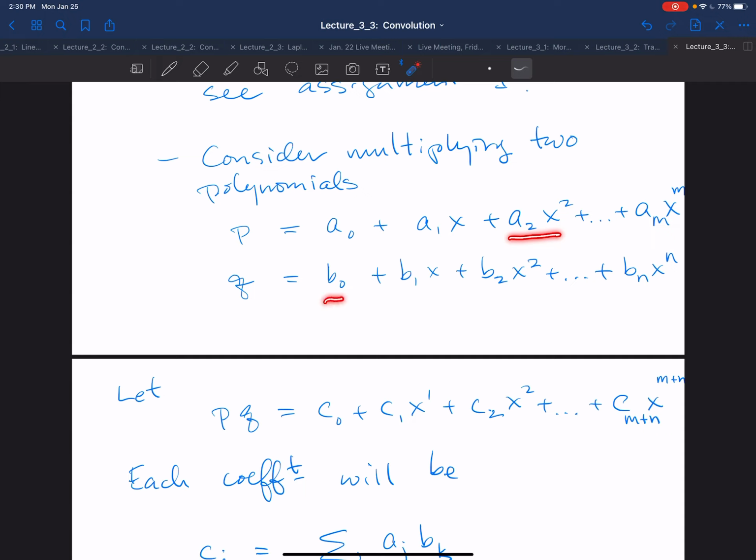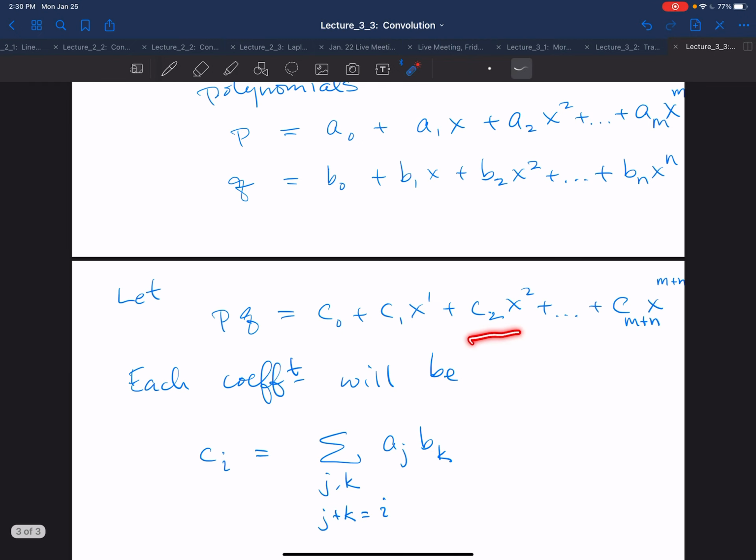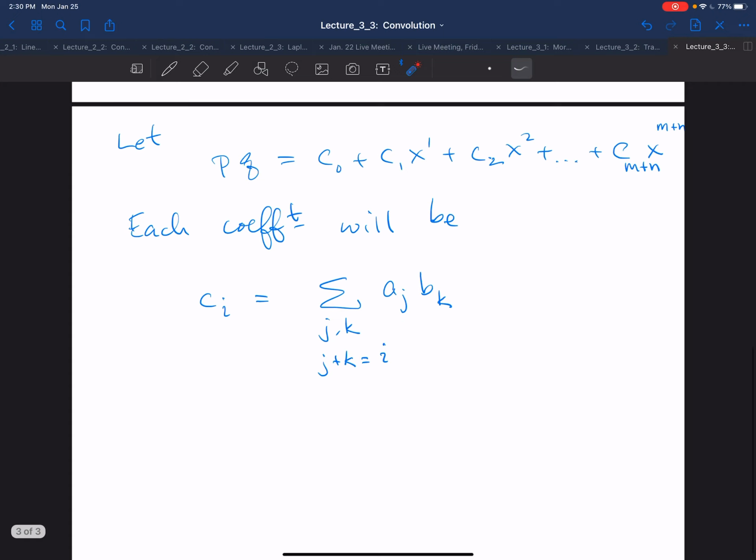And likewise, we'll wish to take the product of a2 and b0, because those are the coefficients of terms whose powers add up to 2. We just take the set of all products of coefficients whose terms add up to powers of 2, and that will give us the coefficient C2 of the product. So that is what this sum is saying.